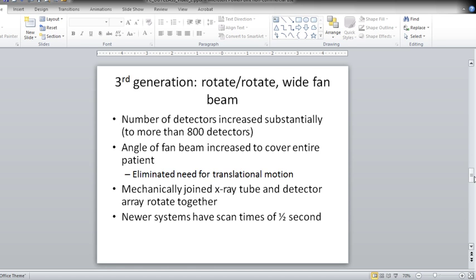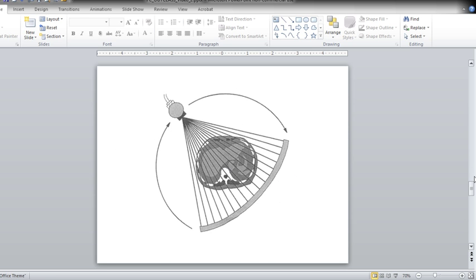The angle of the fan beam also increases so that it covers the entire patient, which eliminates the need for translation motion, one of the sources of artifacts. Mechanically, the X-ray tube and the detector array are joined together, and the scan time here is 1/2 seconds. This is how the source and detector are arranged.